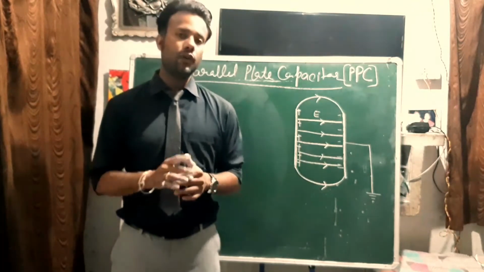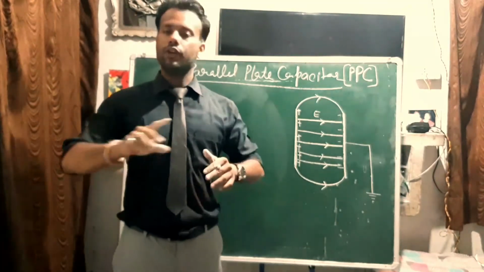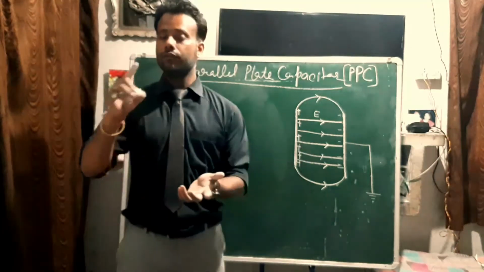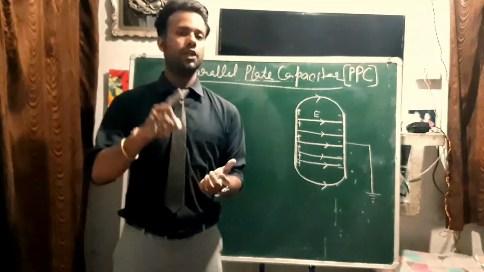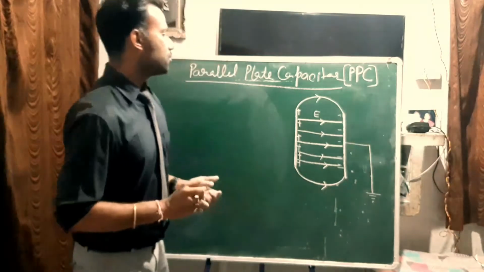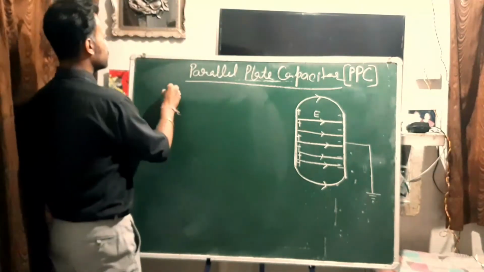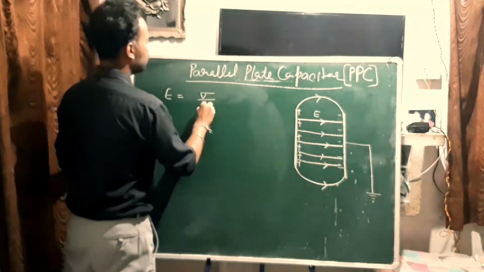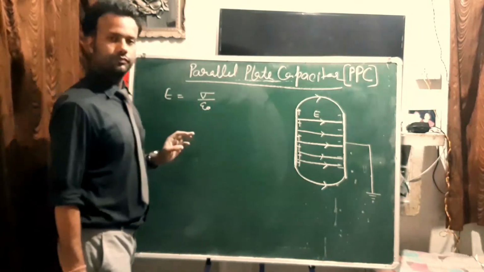Because we have to find the electrical potential, and we don't have any formula for the electrical potential due to these two plates, but we do have the formula for the electrical field, right? So what was the formula for the electrical field? That was E equals sigma upon epsilon naught, right?